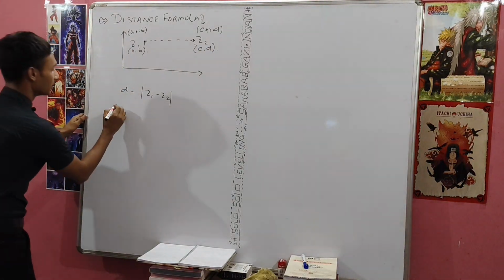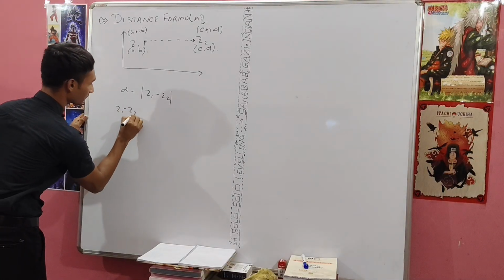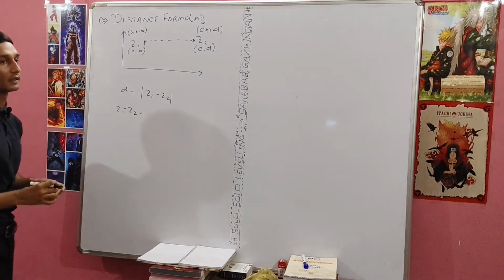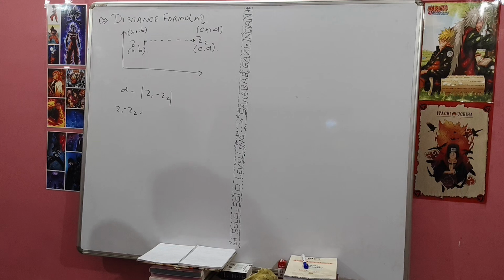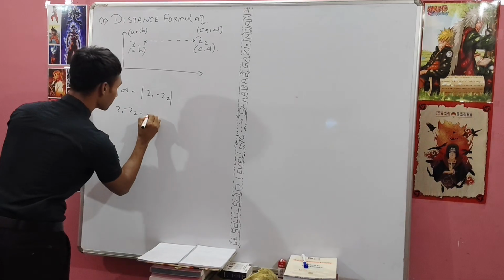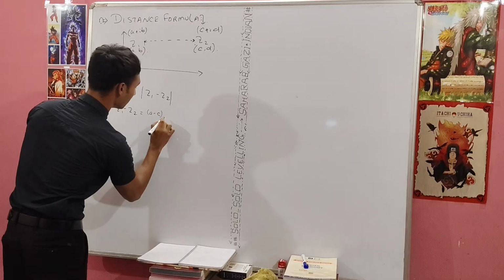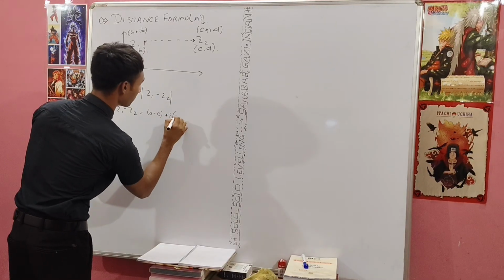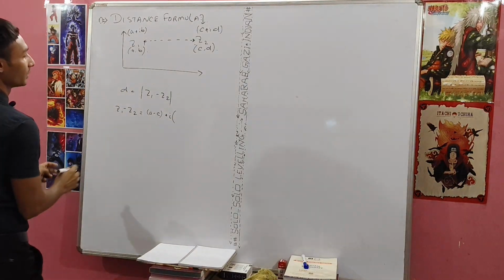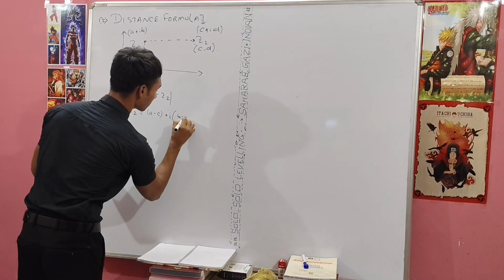Now find z1 minus z2, which is equal to (a - c) + i times the difference between the two imaginary portions, (b - d).